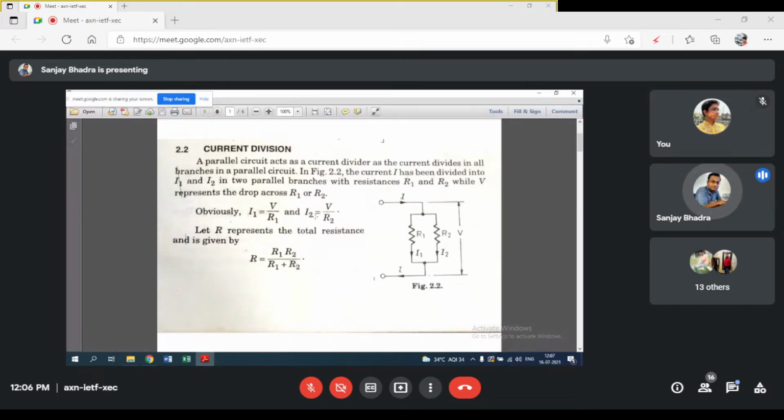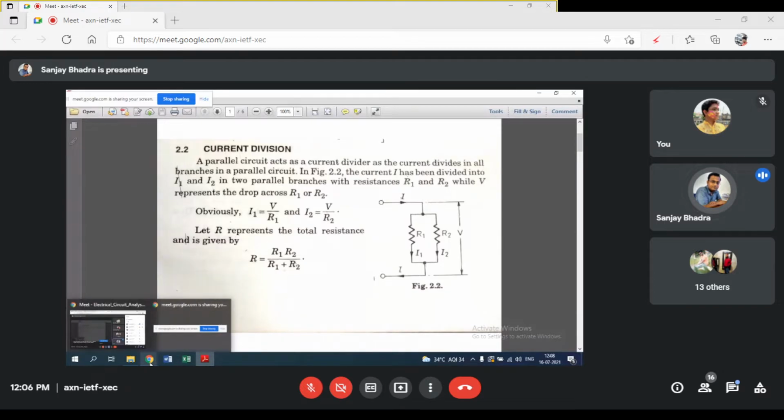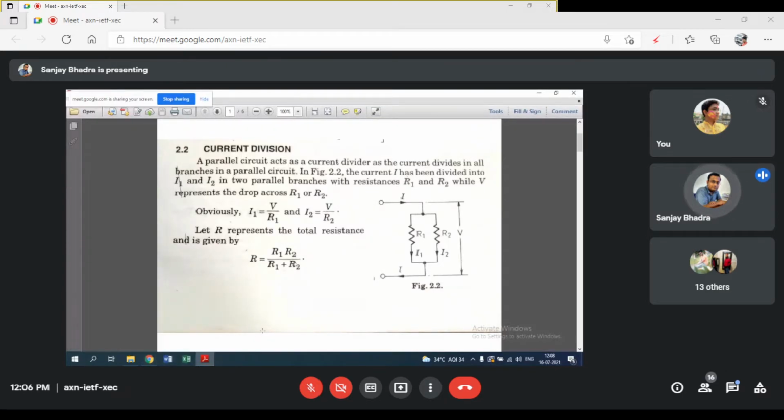And this is only going to happen because these two roads have to be parallel. Let's say the roads from Narkel Bagan to the airport and from Narkel Bagan to Sector 5 are parallel in nature.